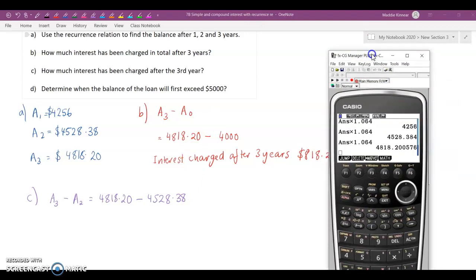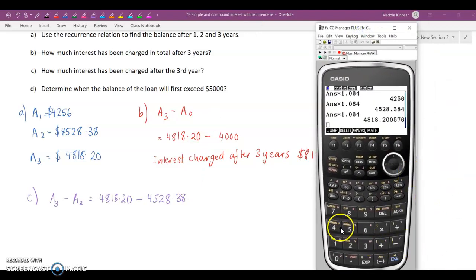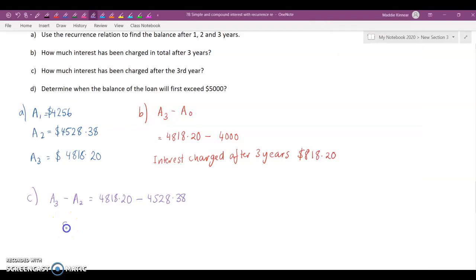If we do that on our calculator, we get a total interest charged during this year of $289.82. So that's how much interest was charged in the 3rd year.